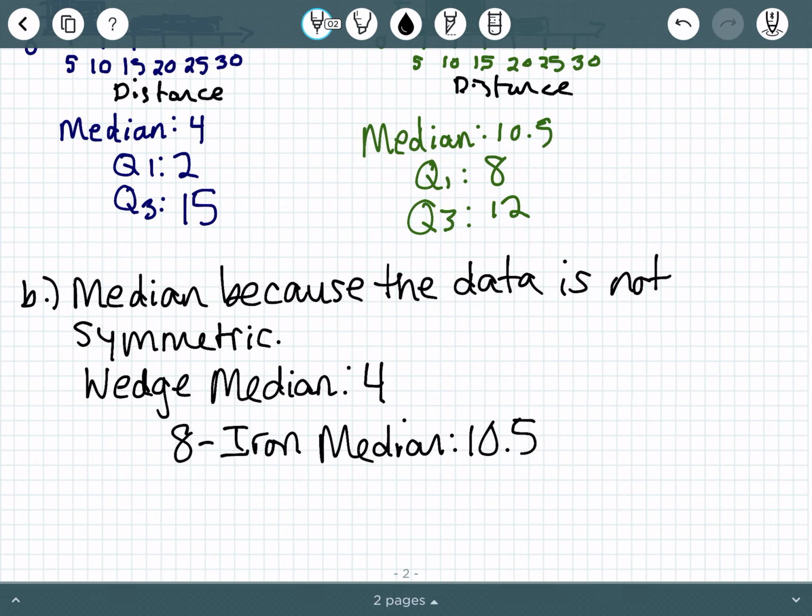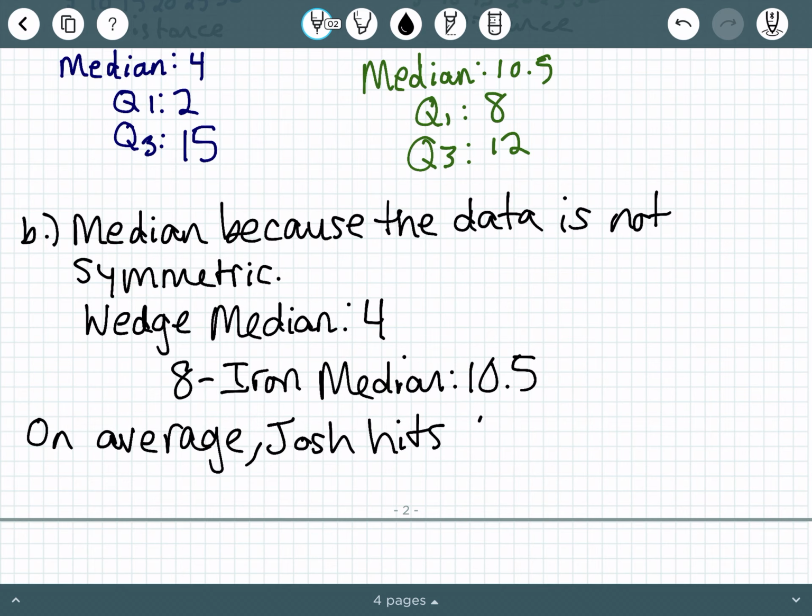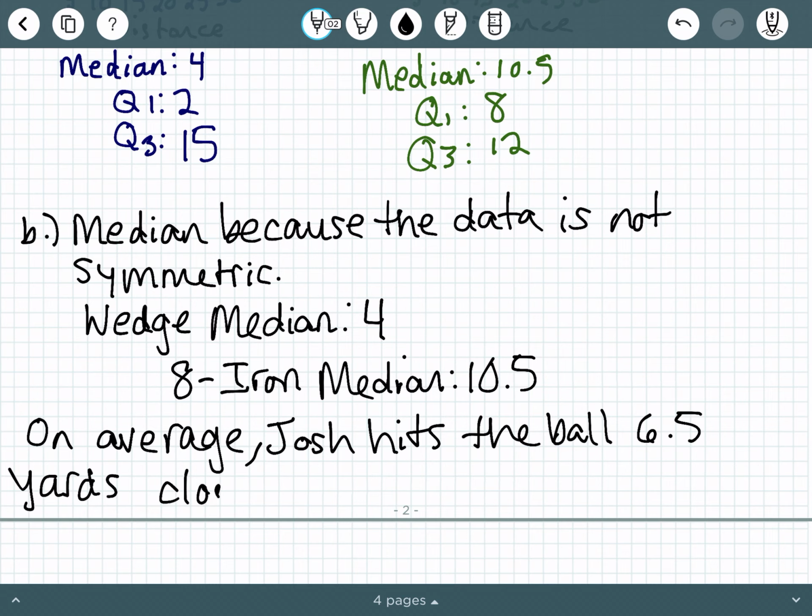So we could say on average, again, this is just on average, Josh hits the ball 6.5 yards closer with the wedge.